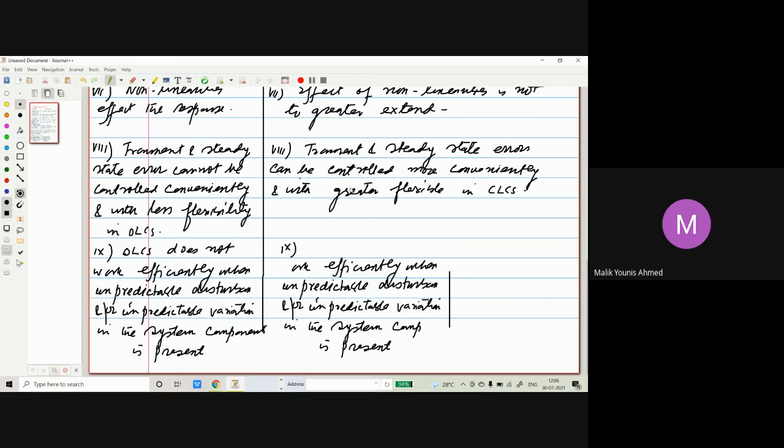So in closed loop control system, let's write it like this.